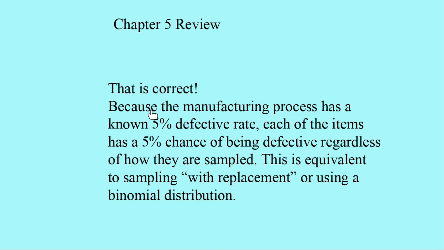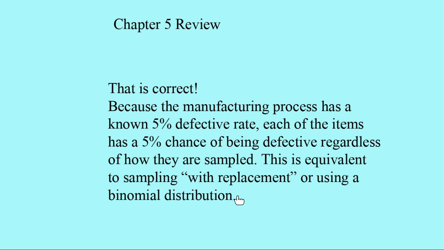So this is the answer. Because the manufacturing process has a known, that's why you have to look at the words carefully, known 5% defective rate. Each of the items has a 5% chance of being defective regardless of how they are sampled. Does that make sense? Yes. So this condition is equivalent to sampling with replacement or using a binomial distribution, right?